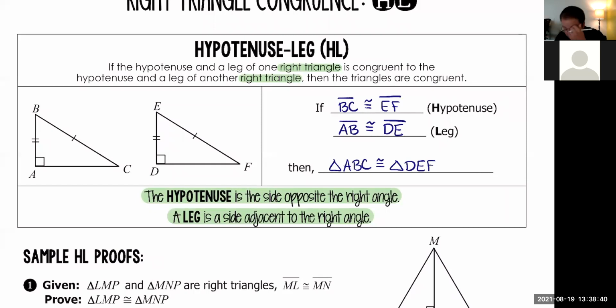Now, I personally have a beef with this one. They name it this something special, but in reality, isn't this just a sneaky way of doing angle side side, which I said doesn't happen? Think about that, angle side side. Why are we doing it? Because right triangles like to break the rules, unfortunately.